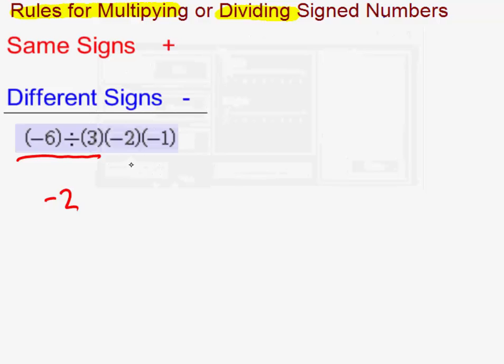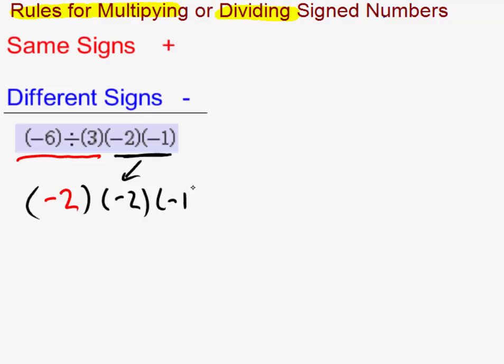Then we're supposed to copy the rest of the problem. We did the negative 6 divided by 3, so we take that result of negative 2 and finish the rest of the problem. Copying that down, I'll copy the negative 2, and the negative 1, and that leaves me with 2 more operators, remembering that the symbols between them, because they're not written between the parentheses, are multiplication.